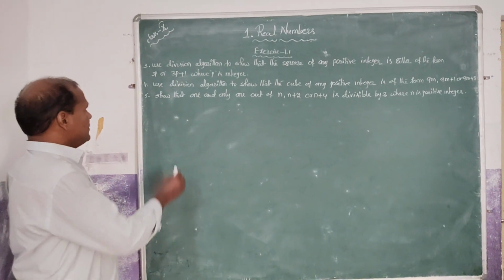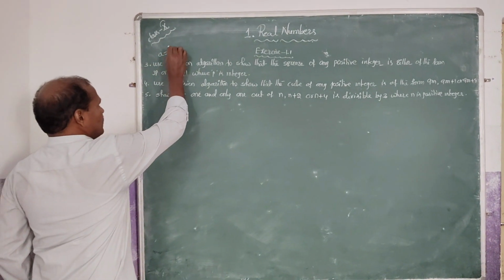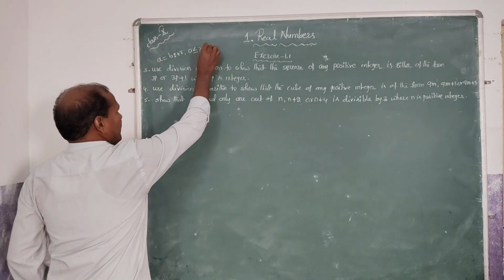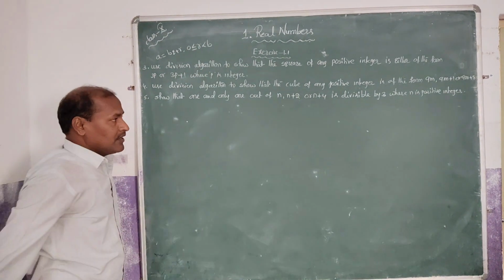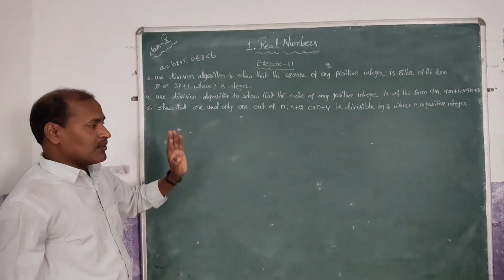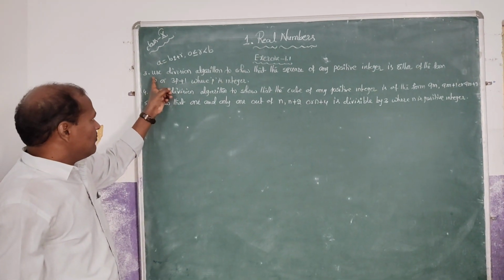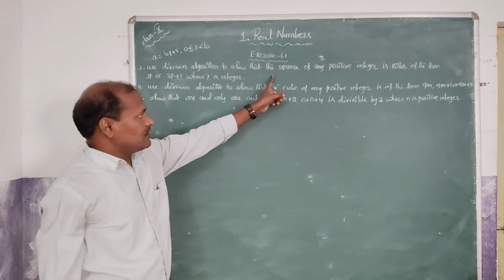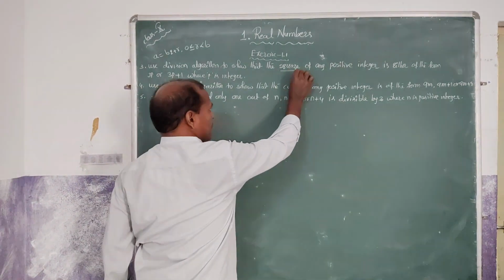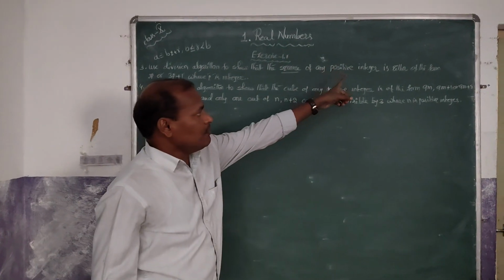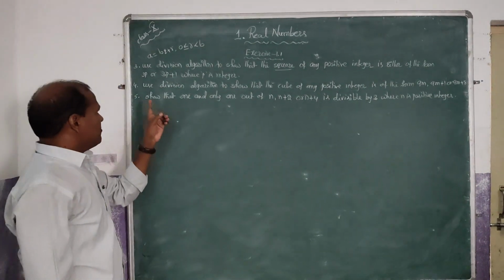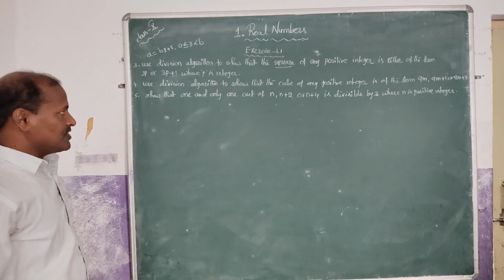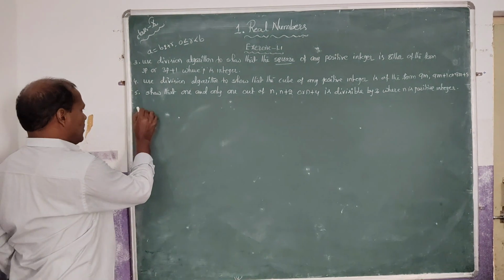The division algorithm is A is equal to BQ plus R, condition 0 less than or equal to R less than B. This is the Euclid division algorithm condition. This is the question. Now the third question answer.